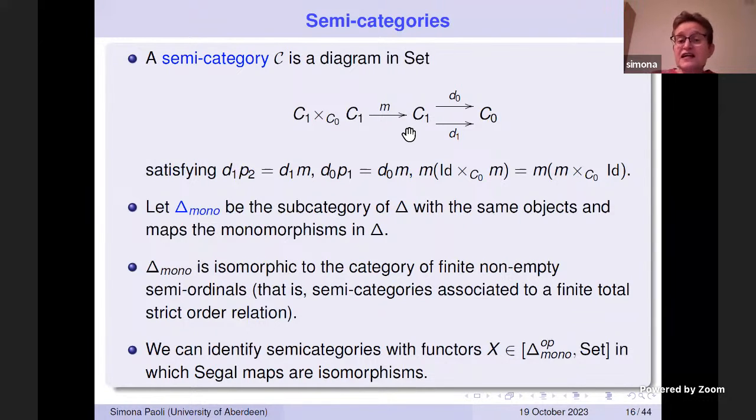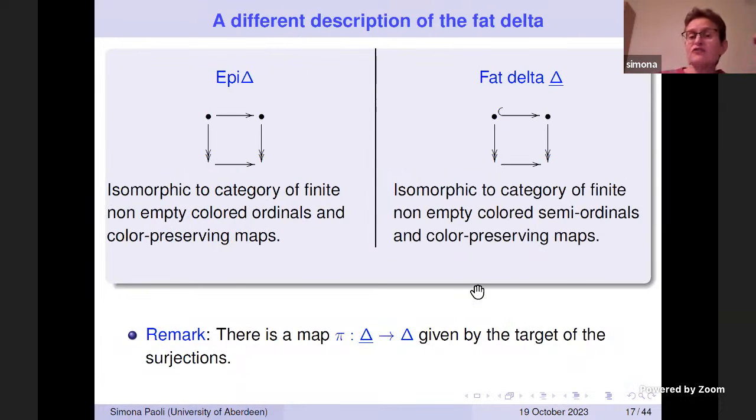So we can identify semi-categories with functors from delta mono op into set. These are also sometimes called semi-simplicial objects. So the nerve of a semi-category is a semi-simplicial object. There are only face maps, no degeneracies. And so having that monomorphism at the top means that we can think of the fat delta as the category of finite, non-empty, colored semi-ordinals and color-preserving maps.